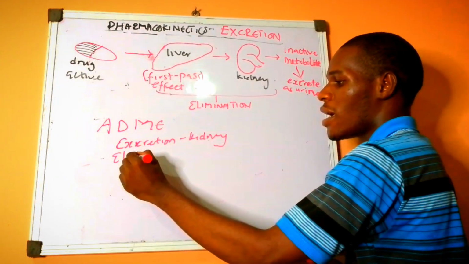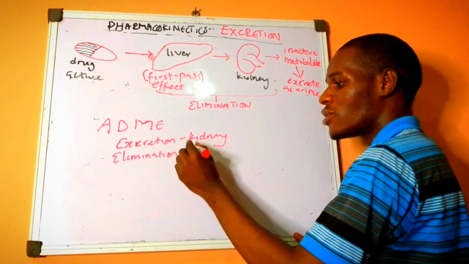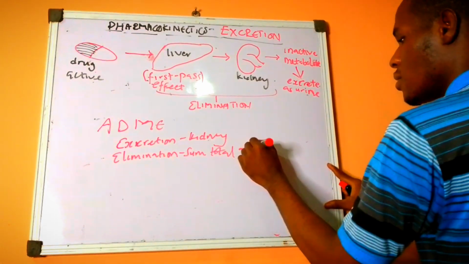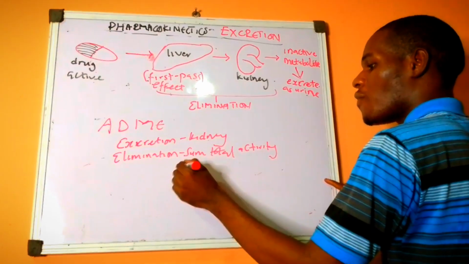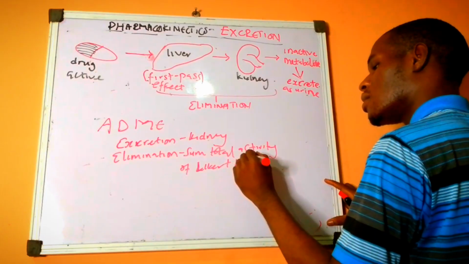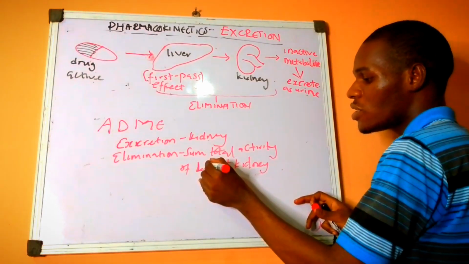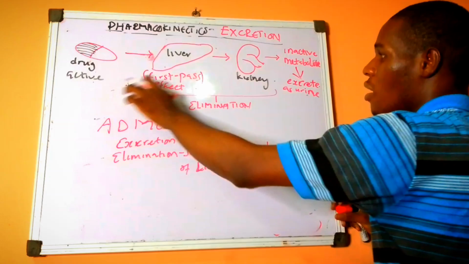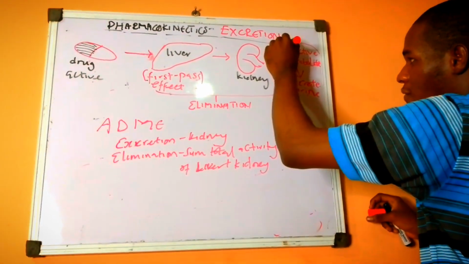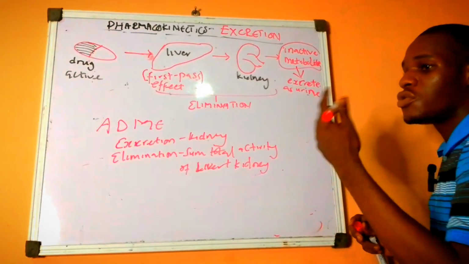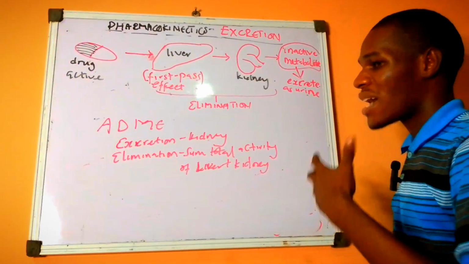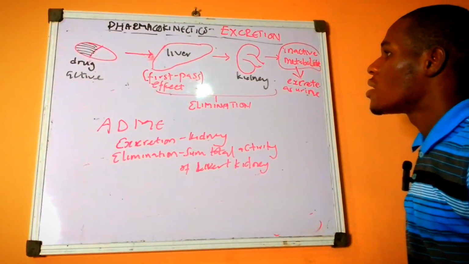But when I talk about elimination, I'm talking about the sum total activity of both the liver and the kidney in removing a particular drug from the bloodstream, converting it into an inactive metabolite or inactive form that can be easily excreted as urine, via the feces, via the lungs as exhaled air, or via sweat.